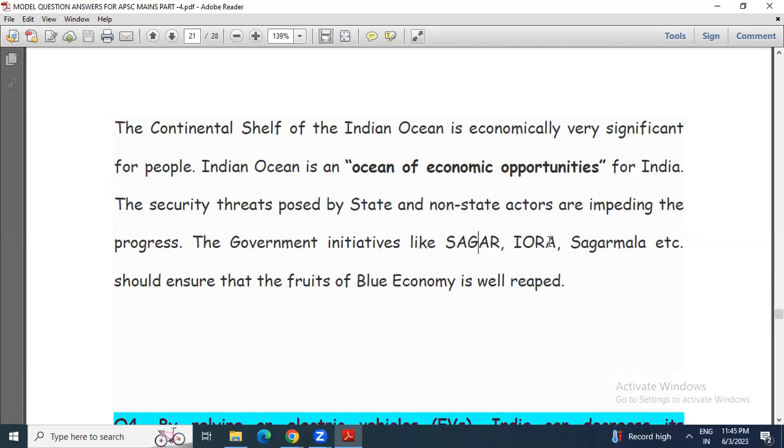So that's why the government brought these different schemes like SAGAR, IORA, Sagarmala, that can ensure the fruits of the blue economy. Remember the term? This is the blue economy, because we have a lot of economic potential and perspective from here. So that's why we are calling it the blue economy. With these initiatives, we can ensure that the fruits of the blue economy are well reaped.